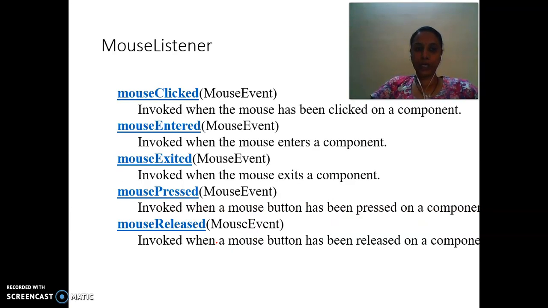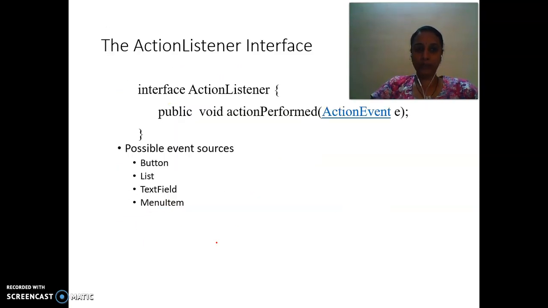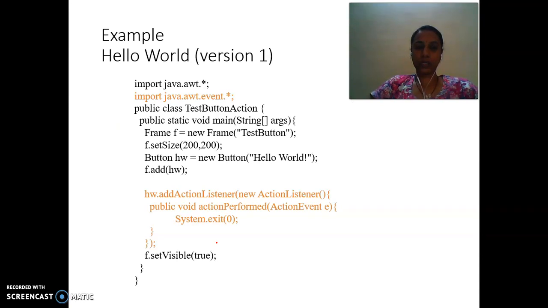Okay, and after you have created the button called hello world, then you can actually give some events to the button. First, just like you write your hello world program, your AWT components you need to import using java.awt.*, then awt.event, since we are using the event handling mechanism in our program, and the main method.